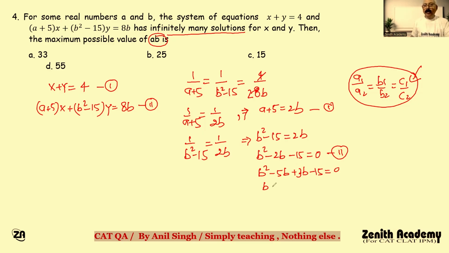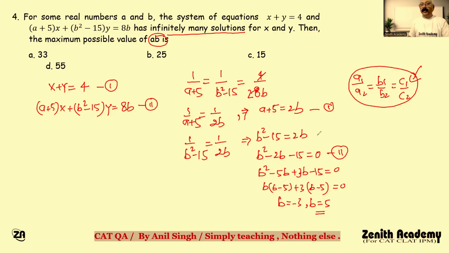So this is b into b minus 5 plus 3 into b minus 5, means b plus 3 and b minus 5 is equal to 0. So b is equal to minus 3 and b is equal to 5.